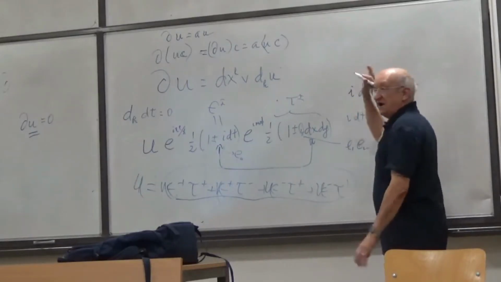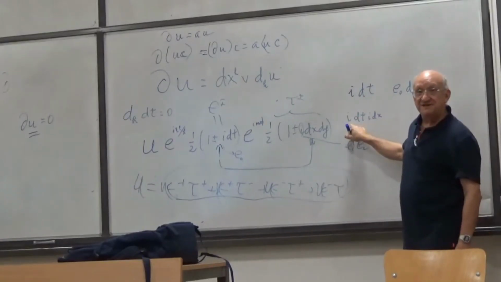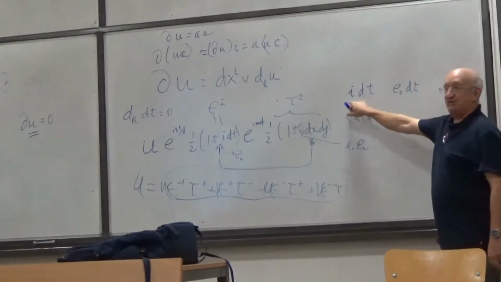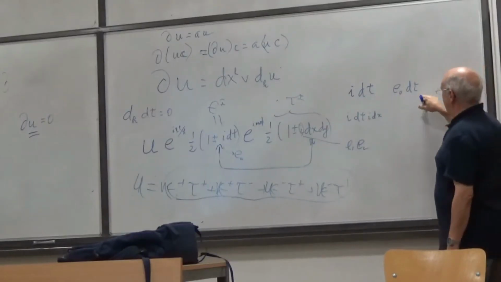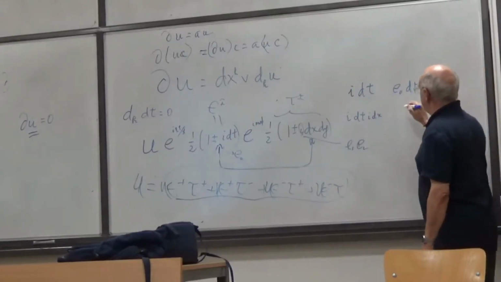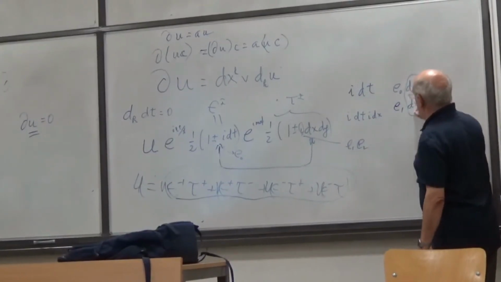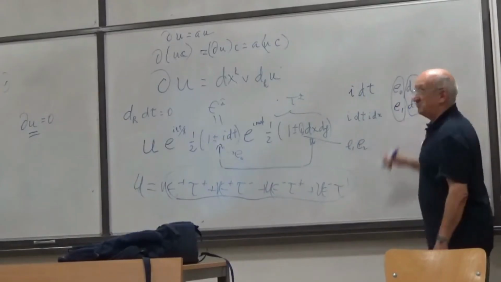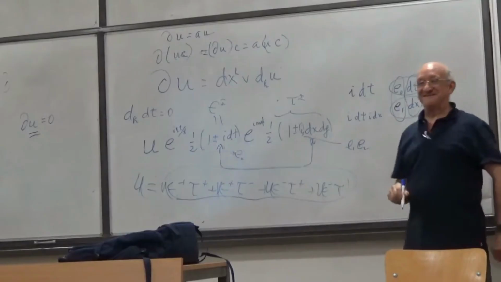But when I geometrize the i, then it happens that if I have E0 dt and E1 dx, these two do not commute, but these products commute.